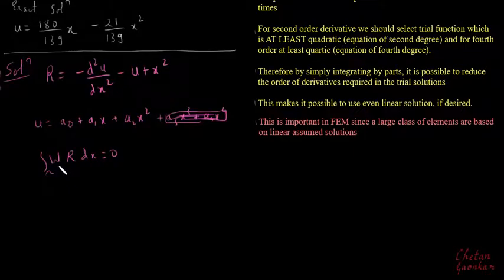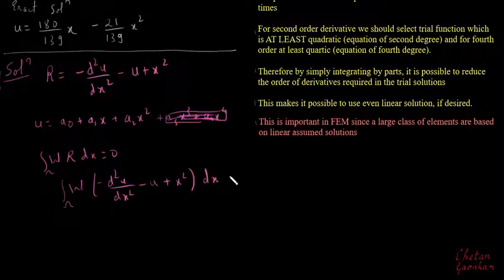Even before finding the weight or substituting the trial function, I can just write the expression of the residual, minus d square u by dx square minus u plus x square, integrated dx equal to 0, and then first carry out the integration by parts.